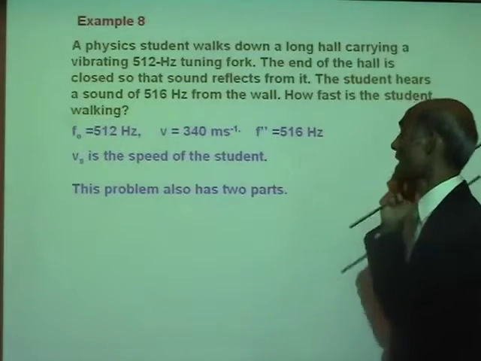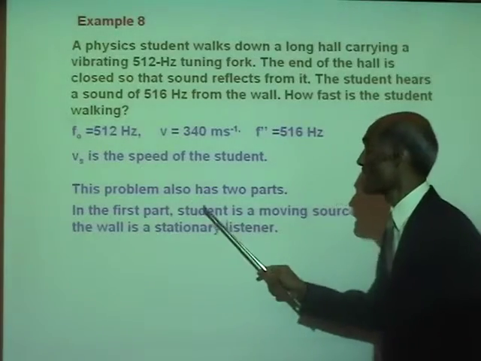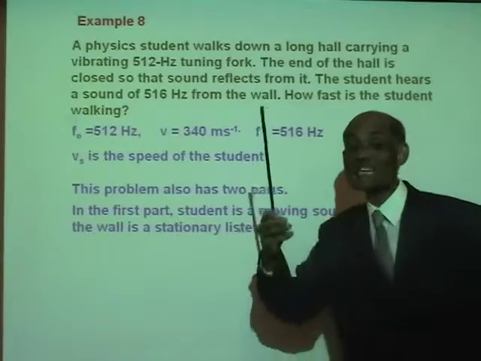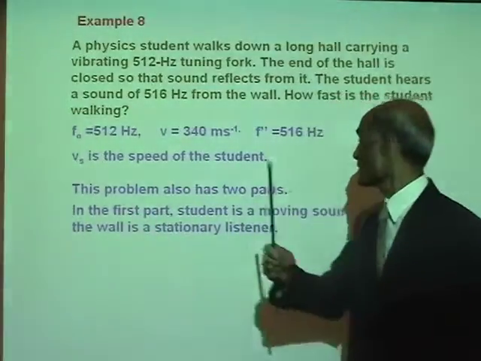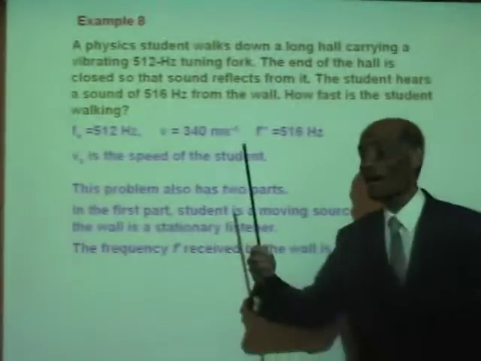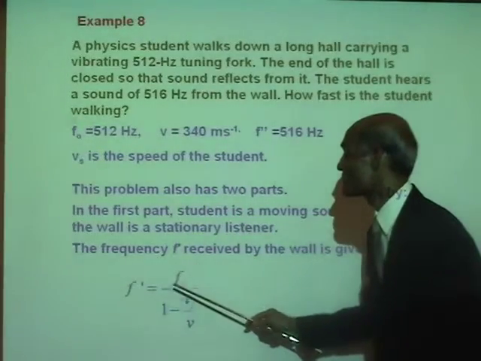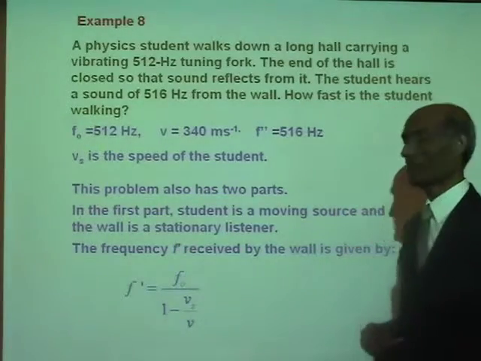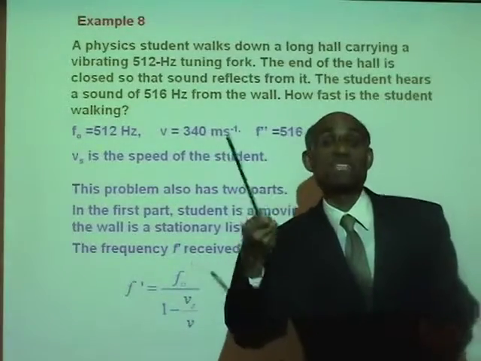So this problem can have two parts. What are the two parts? In the first part, the student is the moving source and the wall is a stationary listener. So we have a source moving towards a stationary listener. What is the frequency F prime as the listener hears it? F prime is F0 divided by 1 minus Vs divided by V. Now, this is the frequency as the wall receives it.